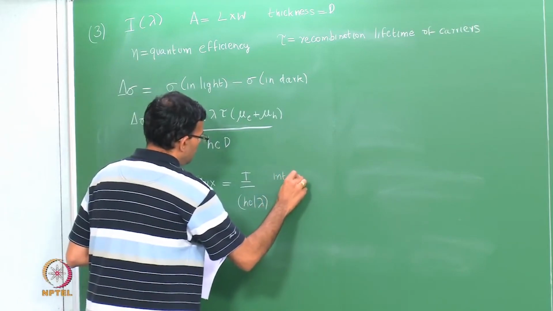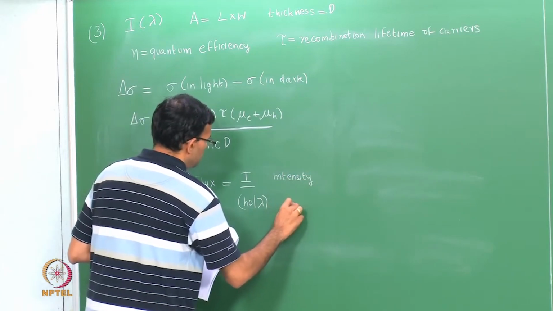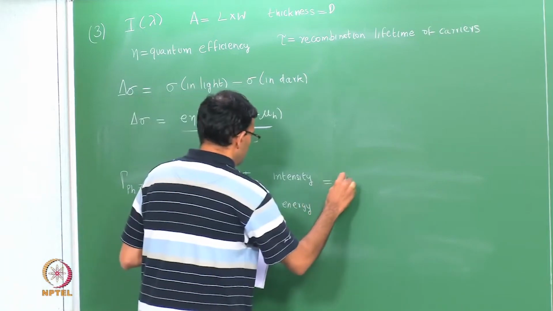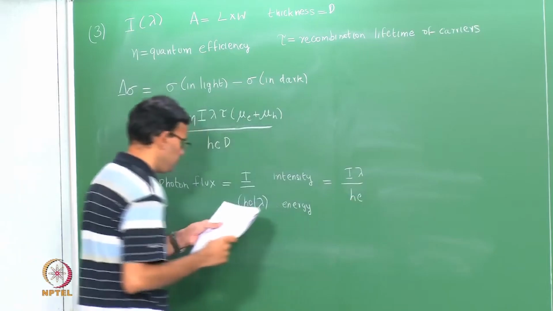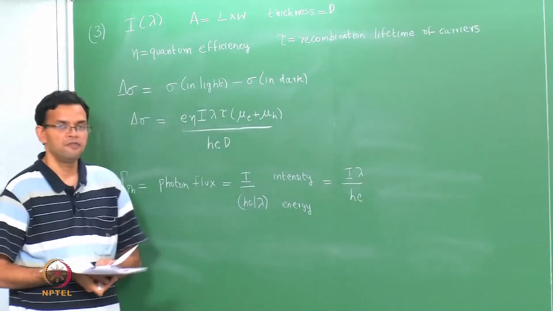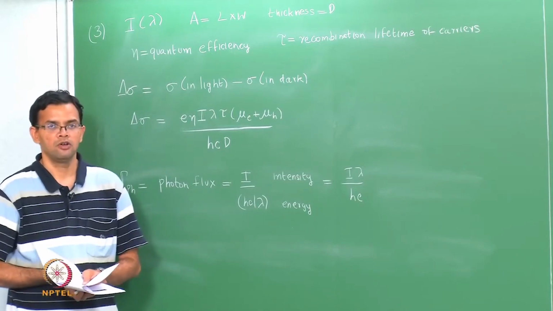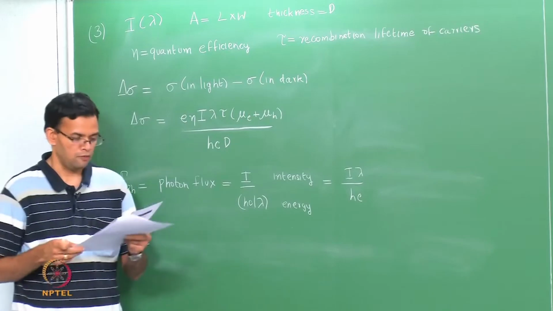So, this is the intensity and this is the energy. So, this is I lambda over hc. We define quantum efficiency as the number of electron hole pairs that are generated for a certain photon flux.